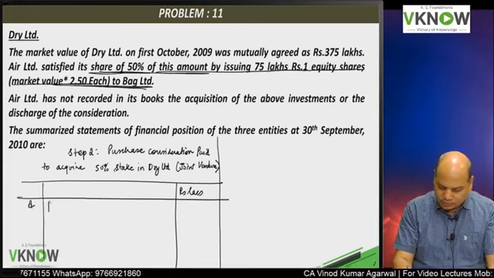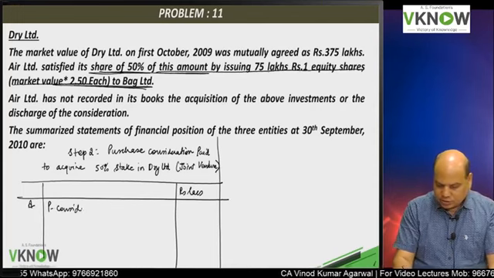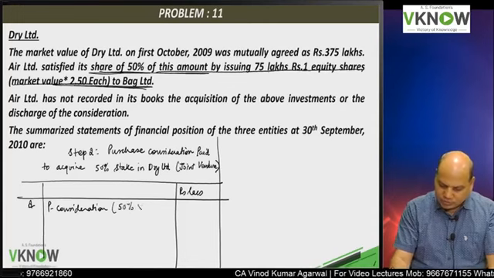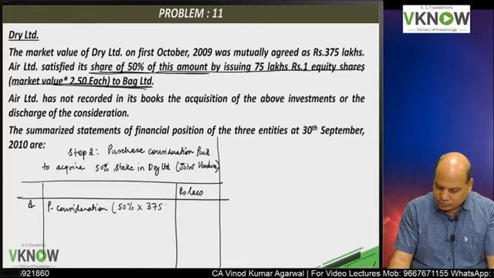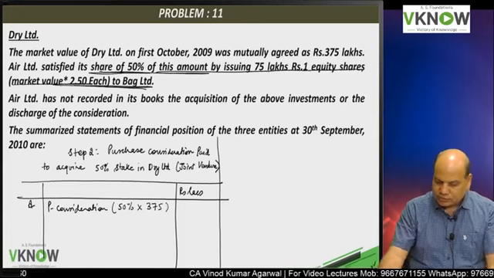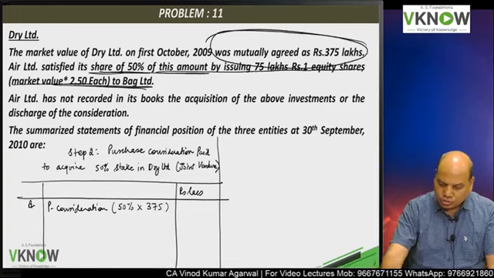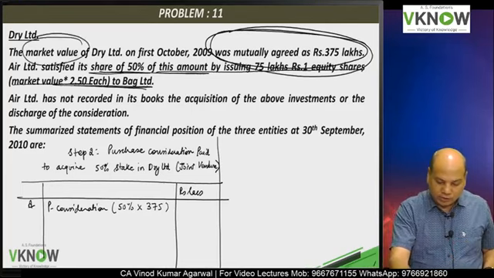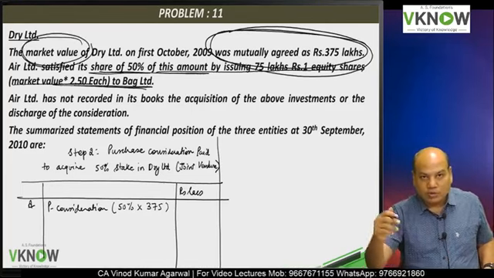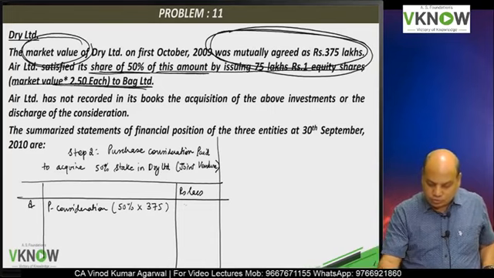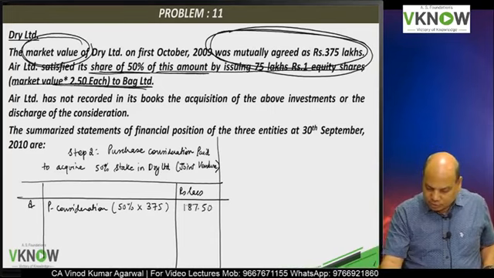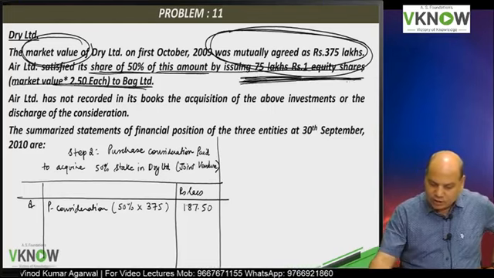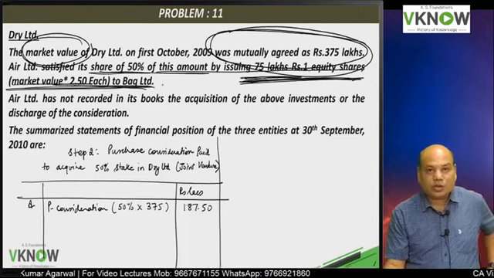First, point A, purchase consideration. Purchase consideration is 50% of 375 lakh. The total market value of Dry Limited is 375 lakh, but you have only acquired 50%. So that comes to 187.50 lakh. And this was satisfied by 75 lakh equity shares of rupees 1 each issued at 2.50.